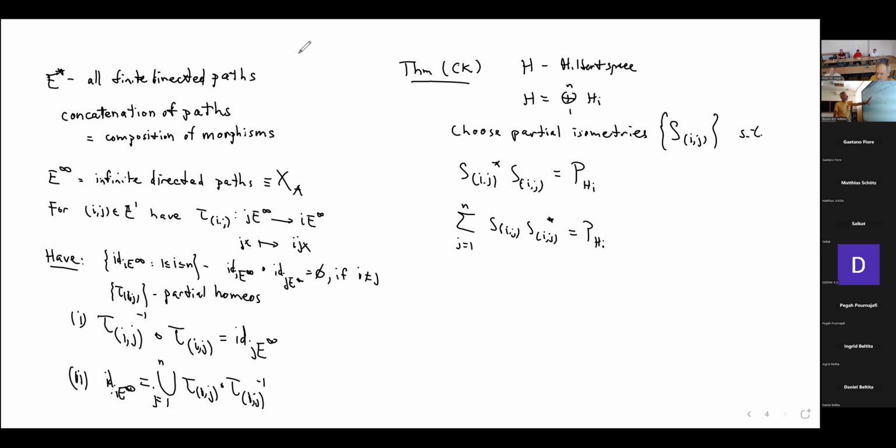So that's just modeling these relations from the dynamical system operating on the space.